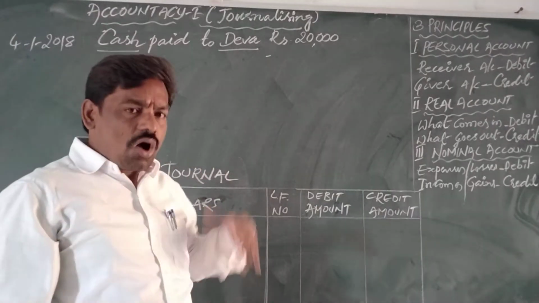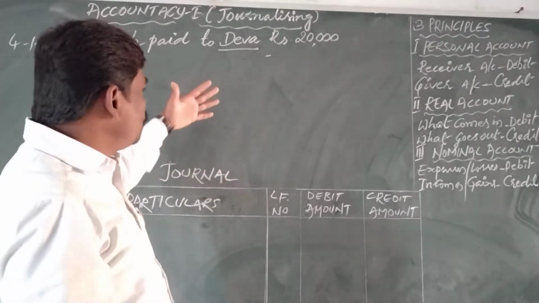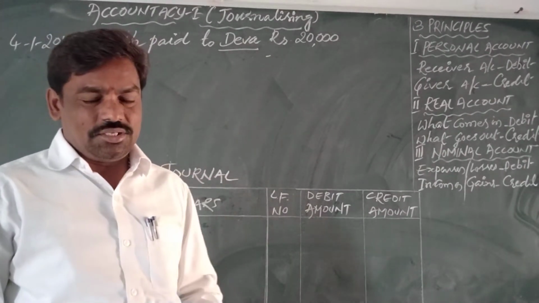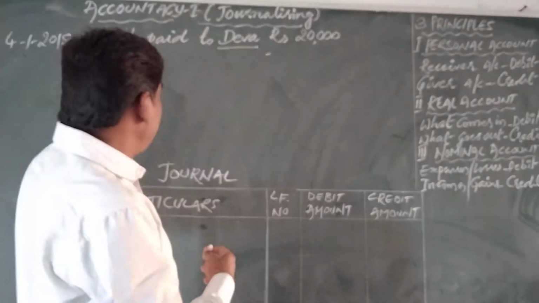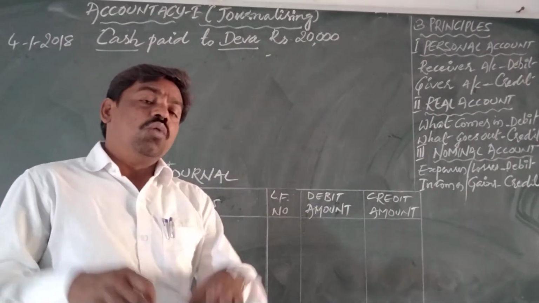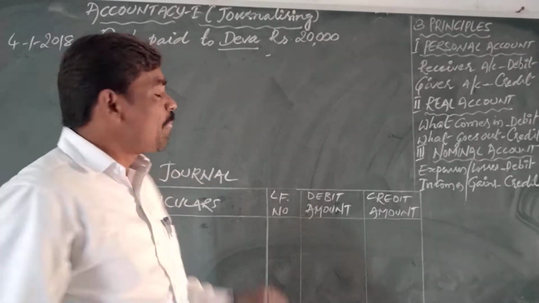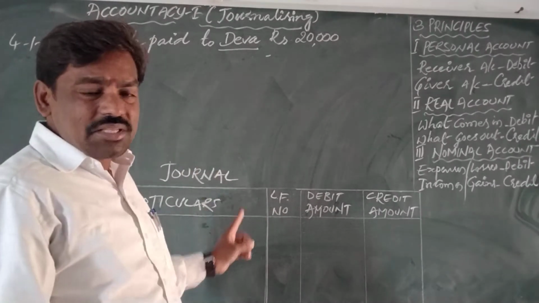So how do we identify those two aspects? In my mind, I ask a few questions, I answer them, and I identify these two aspects. What are the questions that I ask myself? First one, is there the name of a person in the transaction?